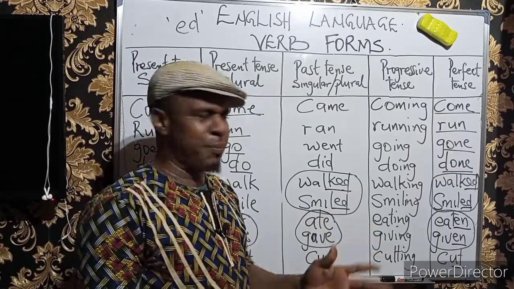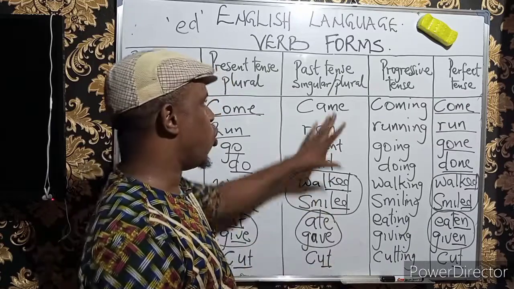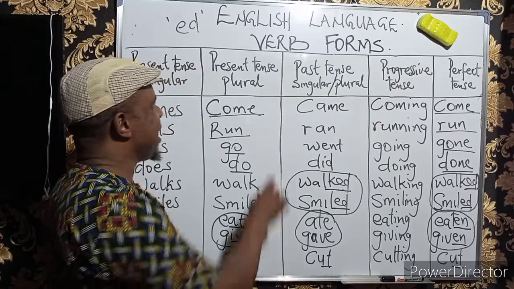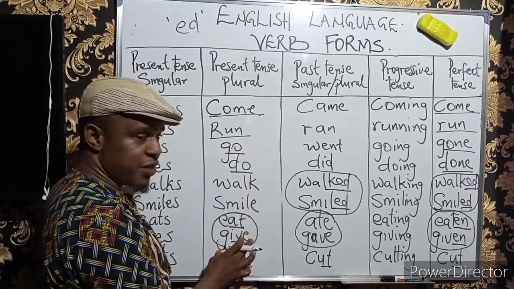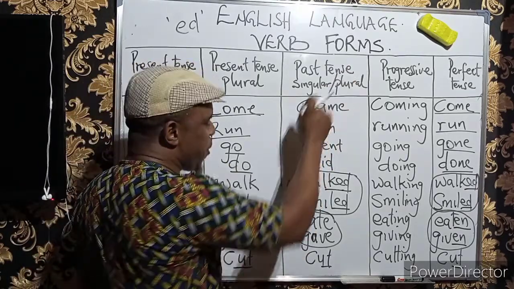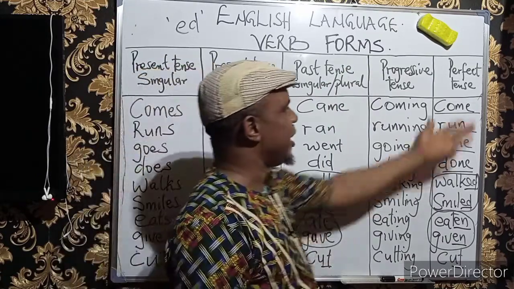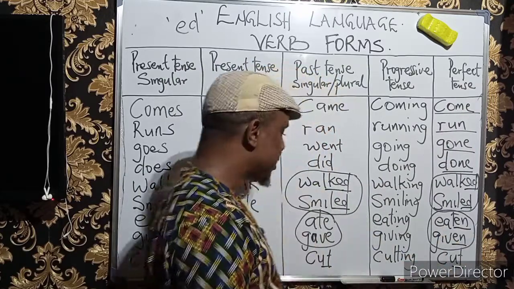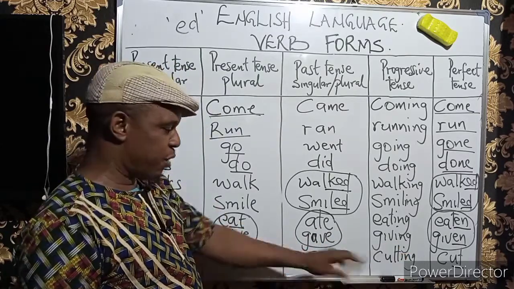They differ. That means their appearance does not take the same form or nature when we specify them in these categories. Like I said, in the present tense form, eat and give take this shape. And in their simple past tense, they are written this way, ate and gave. And then in their past perfect tense, it is eaten and given. Now, like I said, they are categorized under the irregular verbs.